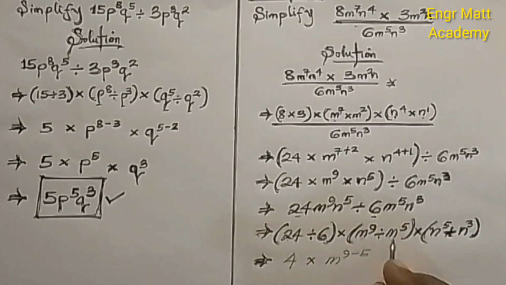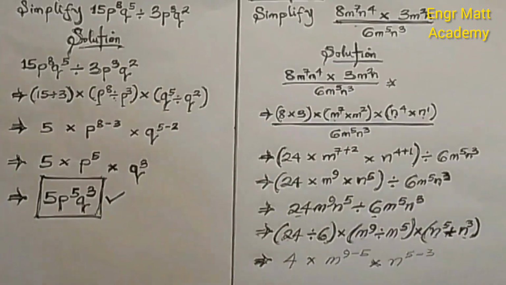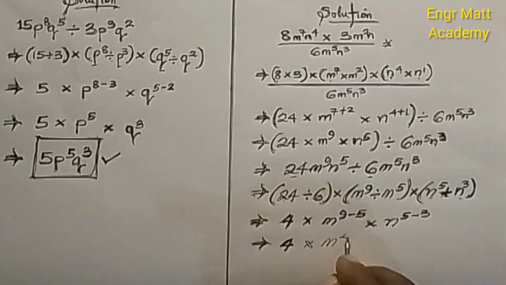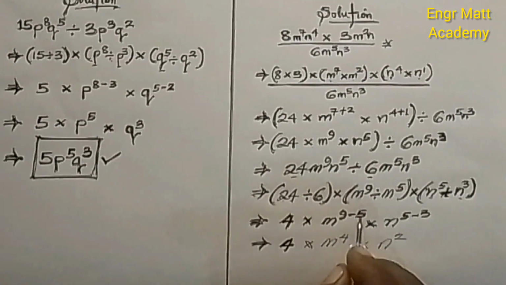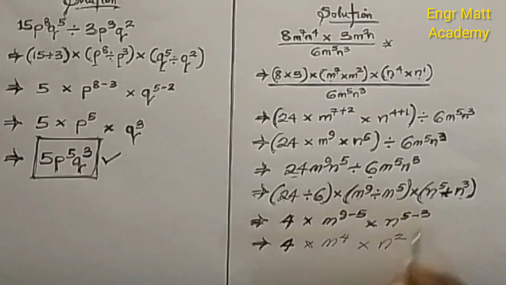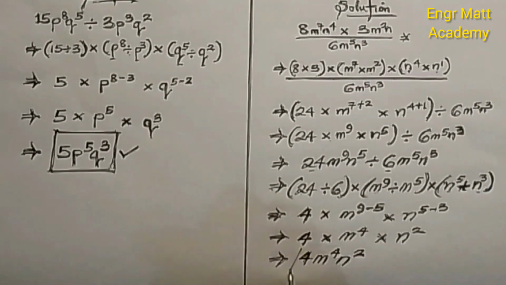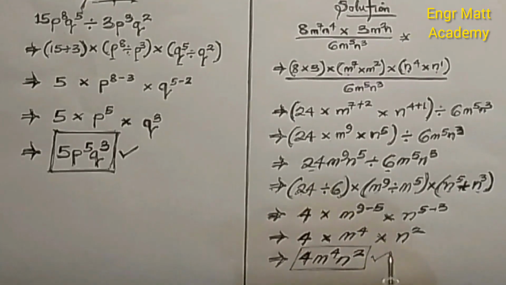Since the bases are the same, we subtract their powers, times n raised to power 5 minus 3. So 4 will still remain alone, times m raised to power 4 times n raised to power 2. 9 minus 5 is 4. 5 minus 3 is 2. Finally, we get 4 m raised to power 4 n raised to power 2. If you multiply all this, the answer we get is this.